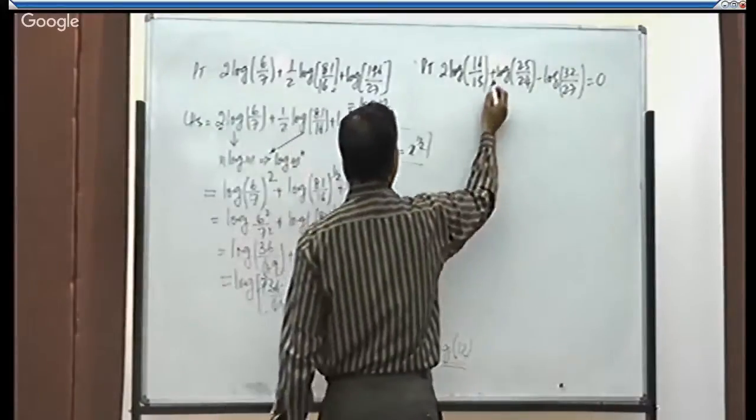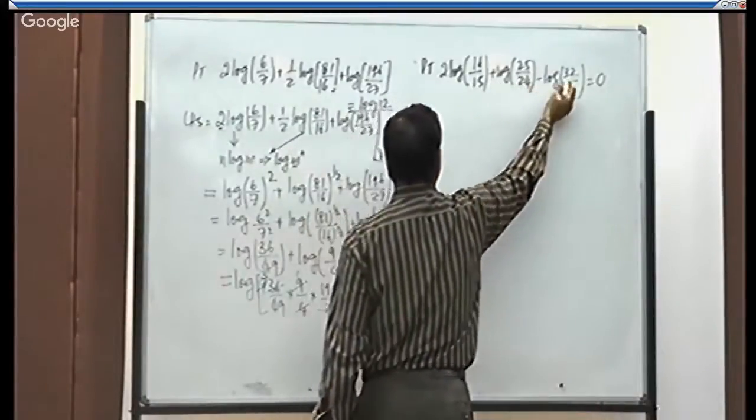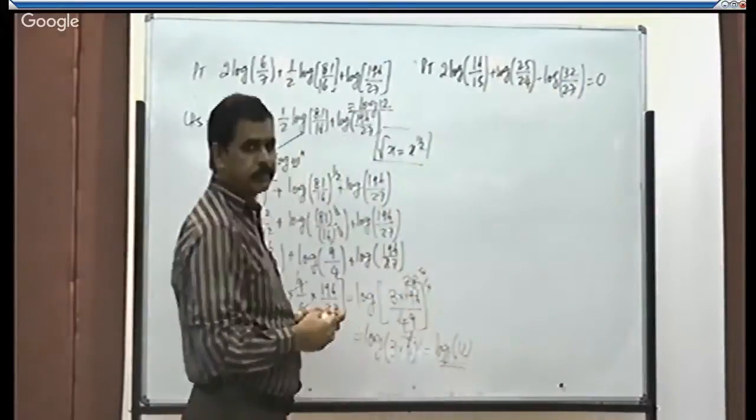Log 16 by 15 plus log of 25 by 24 minus log of 32 by 27.